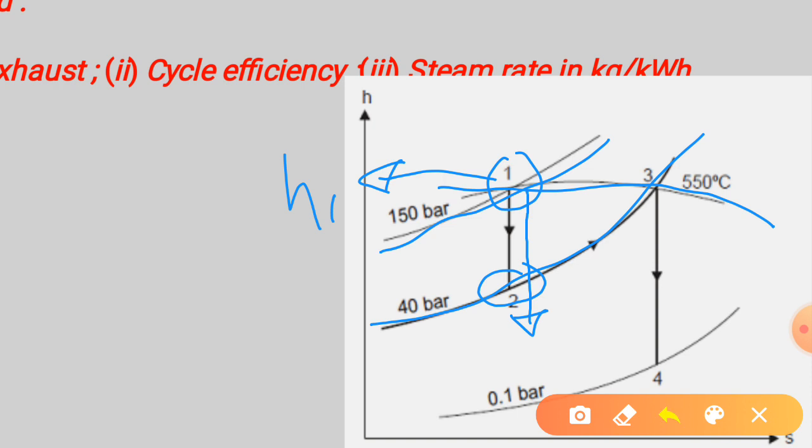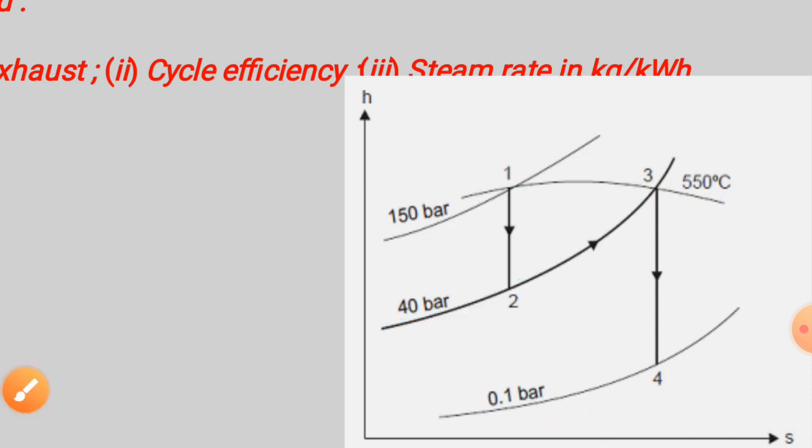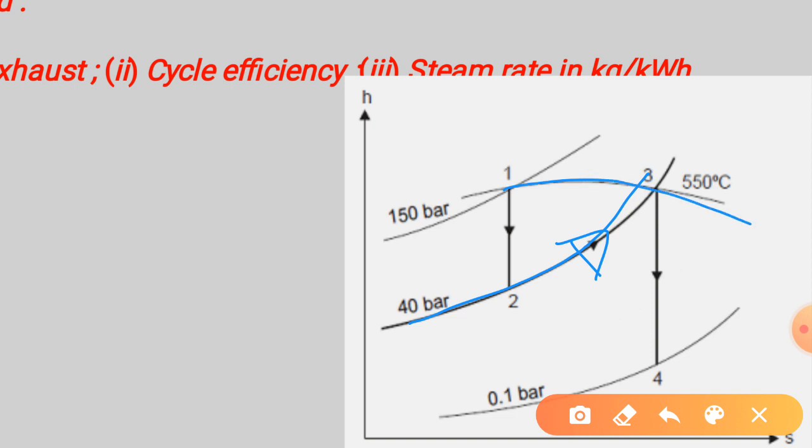After obtaining H1 and H2 values, at the same constant pressure line, that is the 40 bar pressure line, I will move upward till it intersects the constant temperature line of 550 degrees Celsius. Why 550 degrees Celsius? Because in the problem statement it is given that after reheating the temperature is 550 degrees Celsius only. Then I will mark state point 3 and get the enthalpy at state 3.